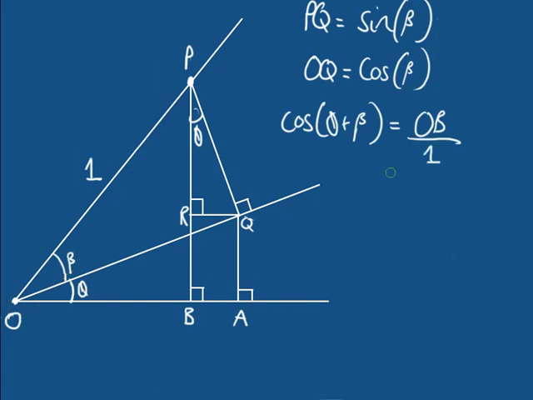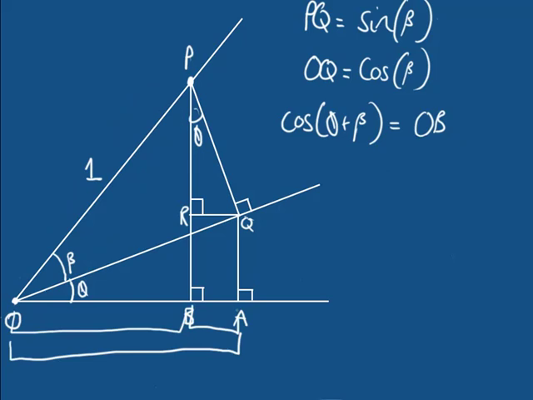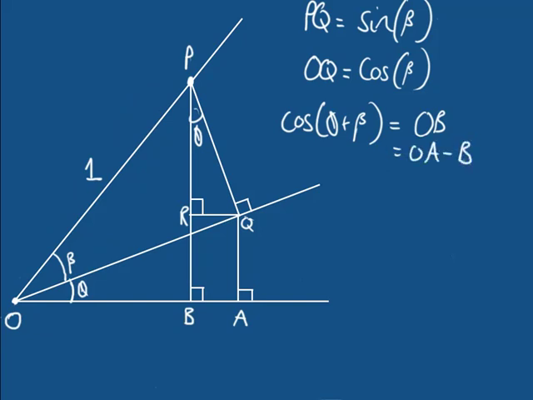So if we're dividing by 1, we know it's simply equal to OB. Well, what do we know about this edge OB? We could write this edge OB as OA minus BA. If we take the entire length OA and subtract back from it BA, it's going to give us the length OB. So this is equal to OA minus BA.